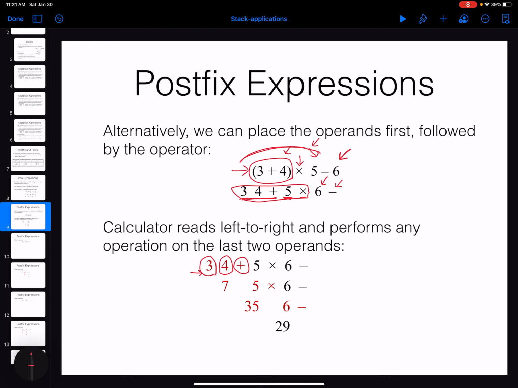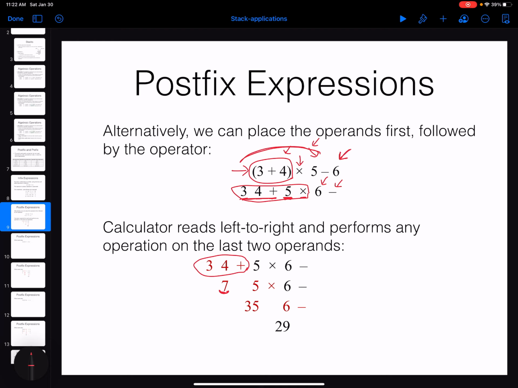You add 4 and 3 to each other, and the result is going to be 7. I can just ignore 3 and 4 and write the result of this addition, which is 7. So I write the result and keep reading the rest of the postfix expression.